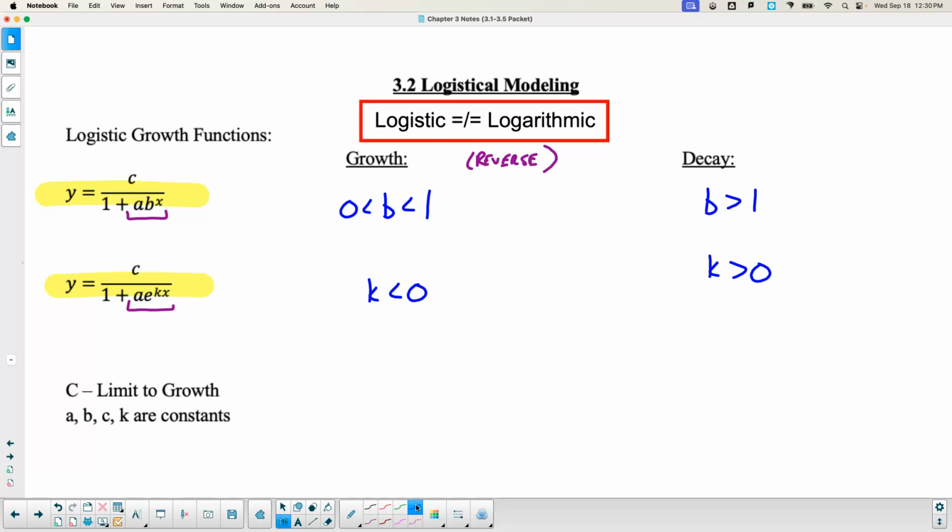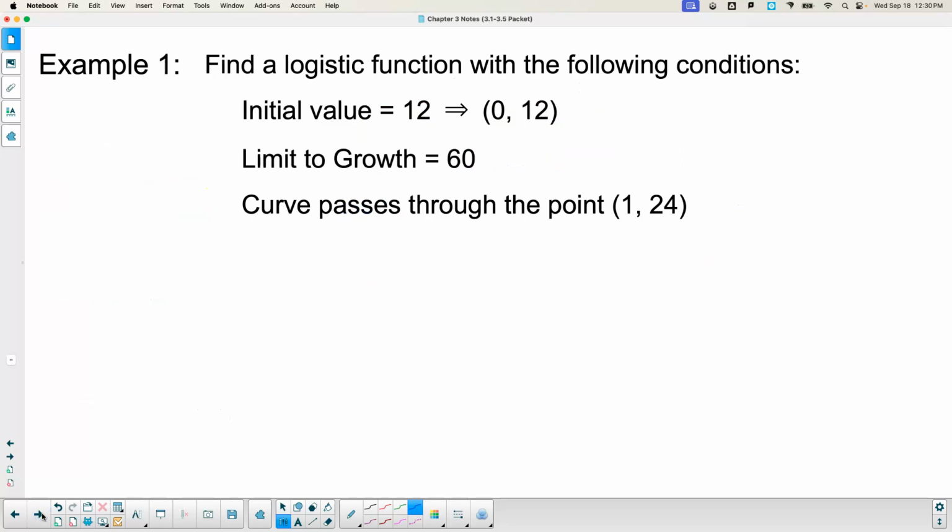Okay. Let's put these to work. Let's make some logistic functions. So, here's a scenario. This logistic function has an initial value of 12, which means it has a y-intercept of 12, which means it goes to the point (0, 12).